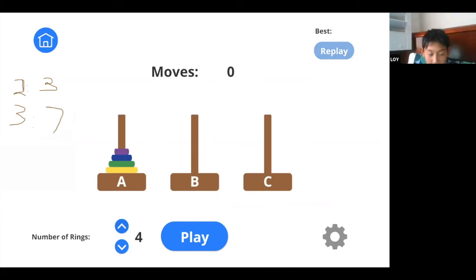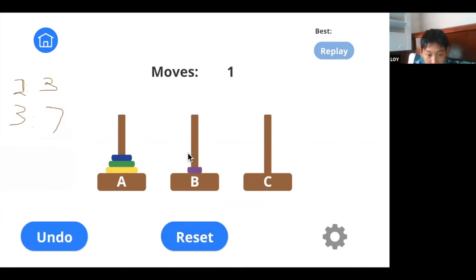Move the purple ring to the B. The blue ring to the C. The B ring to the C. The A ring to the B. The B ring to the A. The purple ring to the B. The blue ring to the A. And the B ring to the A.